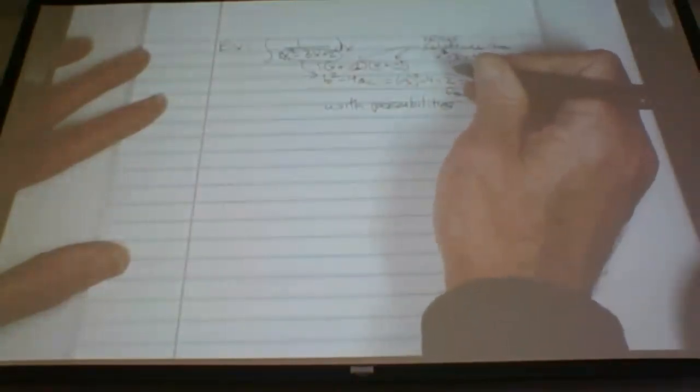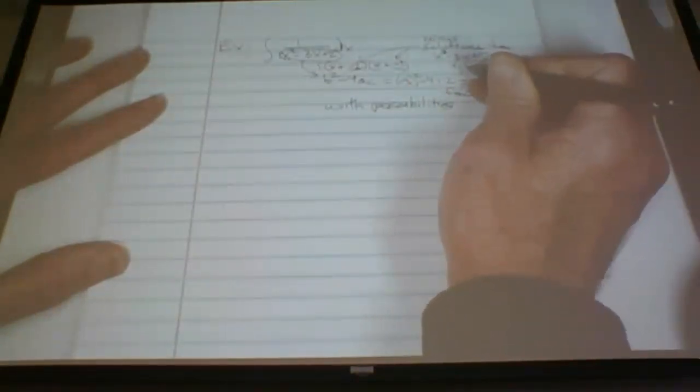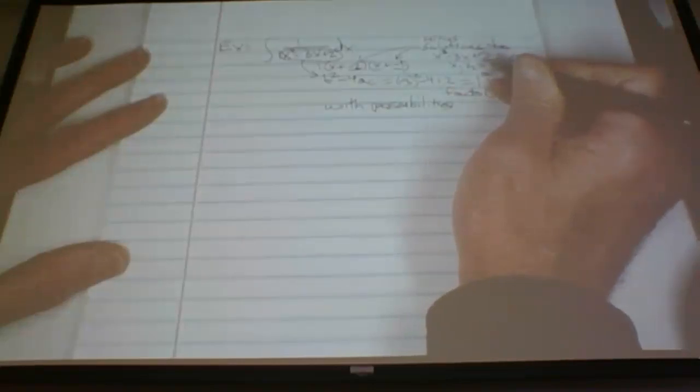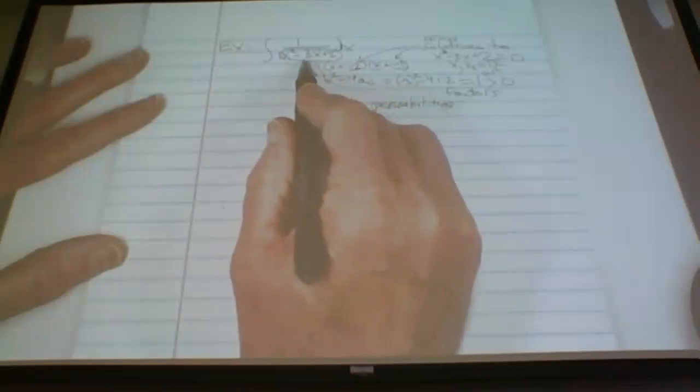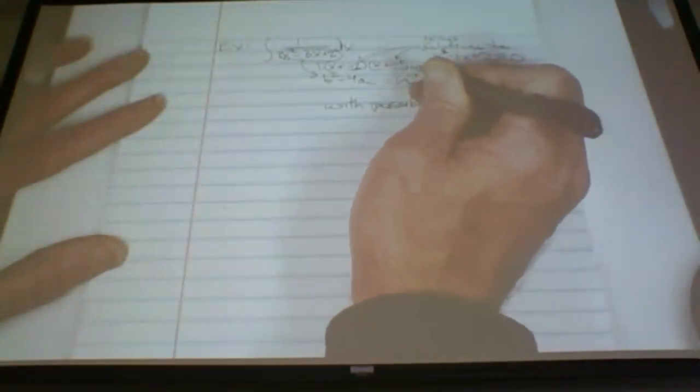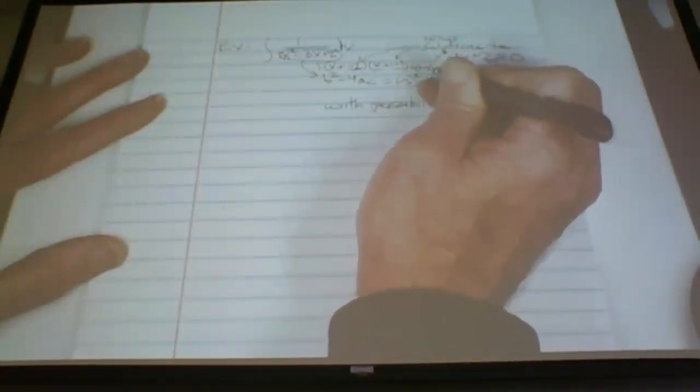Or you can solve this with the quadratic formula and you get the solutions x1, x2 are plus 1 and plus 2, and you subtract those in here. Either way, we see that this denominator factors as x minus 2 times x minus 1.